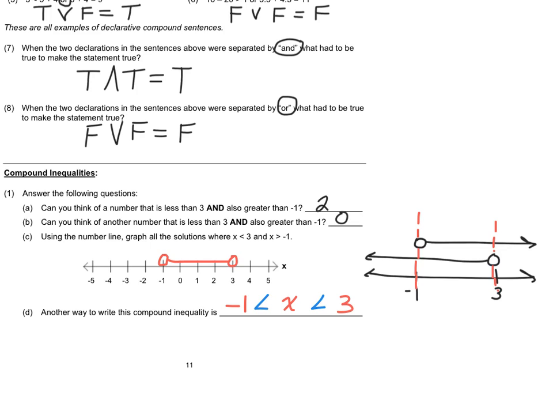So I'd write my inequality like that. But even better than that is interval notation, and this is why we learn it. You definitely want to get this down. Starting at -1, going to 3. I think that's a much more convenient way of writing this expression than using the inequality notation. They both mean the same thing, though.